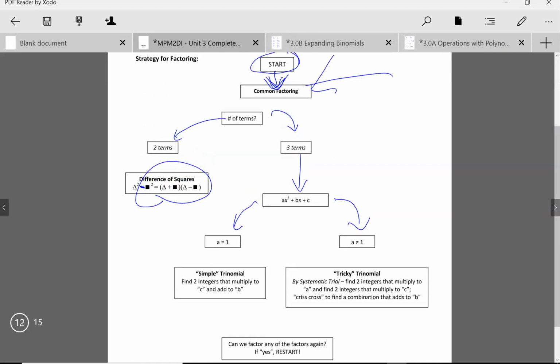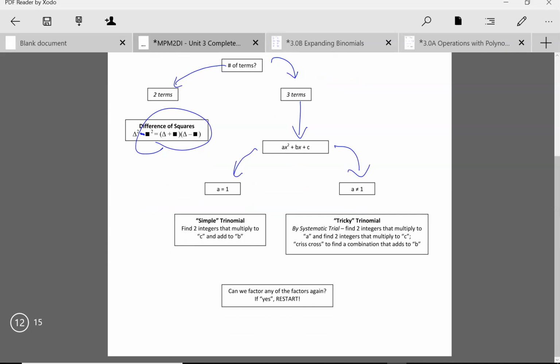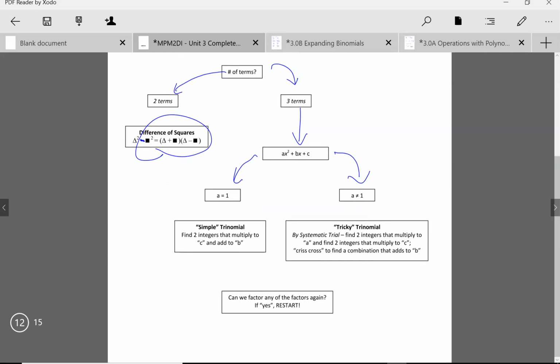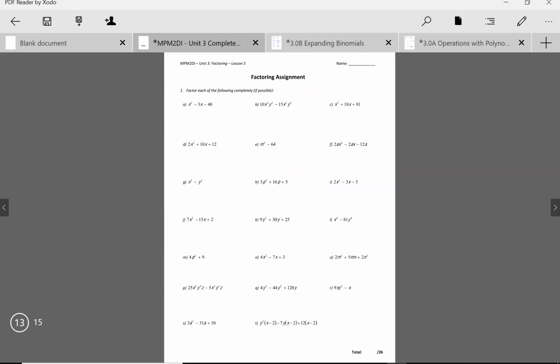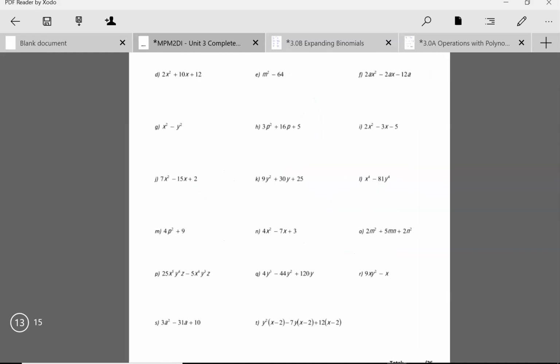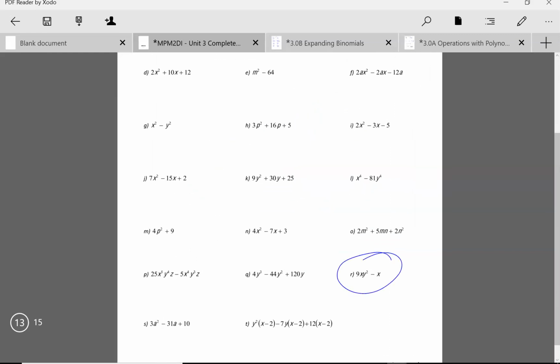This a term should not be factorable anymore. We've done extensive work on tricky trinomials, and so this is our final step, and we have now completed our factoring.